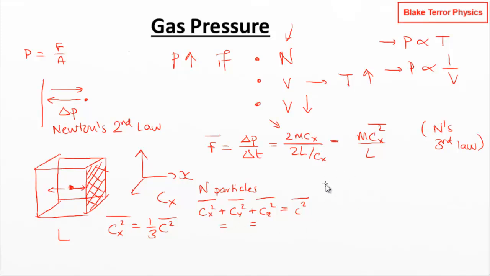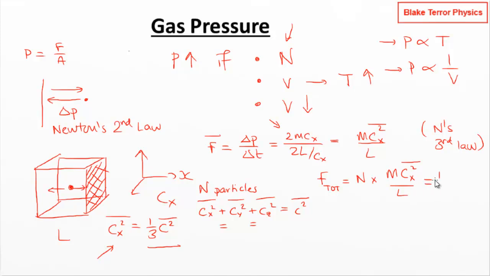We can now put all of this together and say, okay, what's our total force for N particles? Well, we have to have N lots of it, so we certainly have to multiply by N. We know that we're getting a m cx squared with a bar on it, over L. But we also know that our average square of the x component is a third of the average square of the velocity.